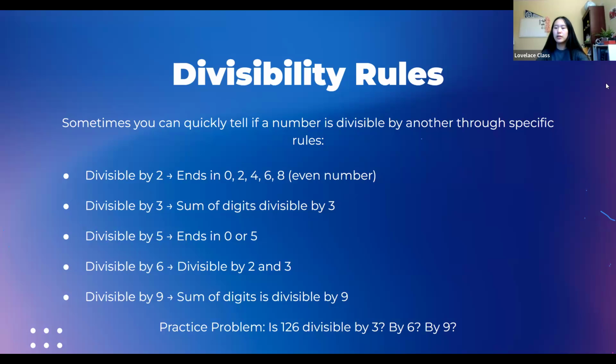Okay, Joanna, do you have a question or are you answering? Yeah, I have a question. Are only the numbers from 1 through 10, or maybe 11, the ones that have divisibility rules, or can any number have a divisibility rule? Well, some bigger numbers have divisibility rules, like 25 and 100. But typically we like to work with smaller numbers because they're more common.